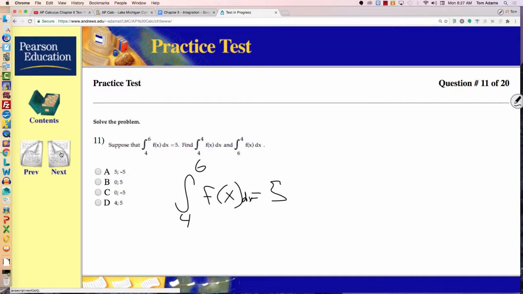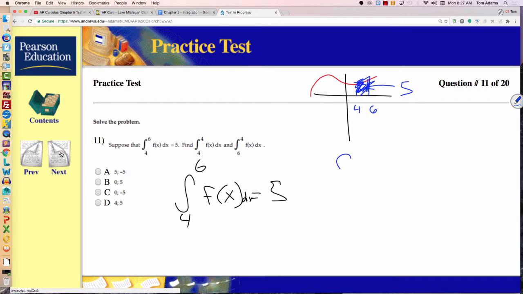Well, just think of this, okay? So I've got a graph. Who knows what it looks like? Something like that. And so from 4 to 6, we do the math. This right here, the area under the curve is 5.